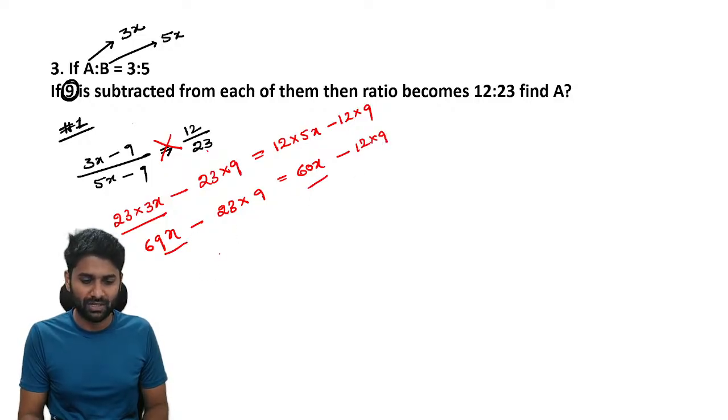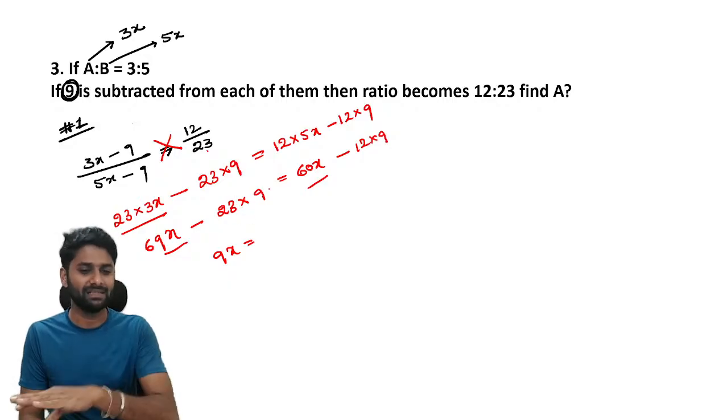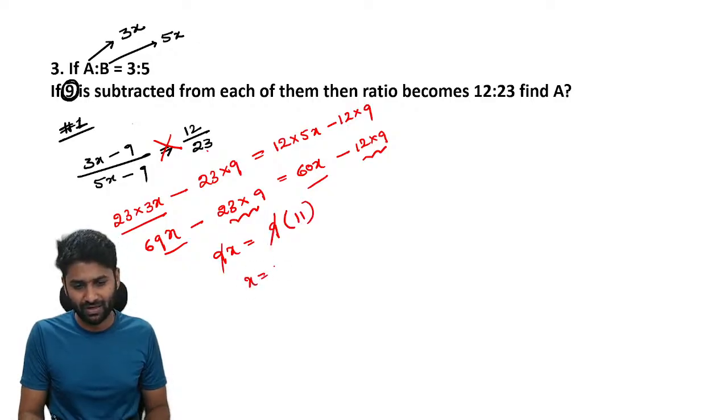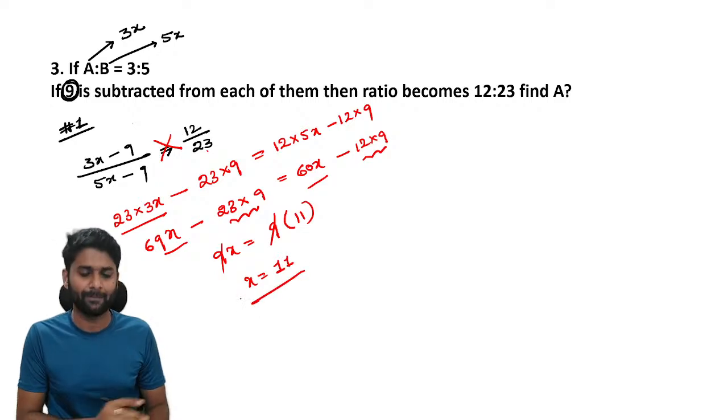Now if you take the difference, 9x is equal to, taking 23 into 9 to the other side, 9 is common in these two calculations, so directly you can take 9. The difference between 23 and 12 is 11. 9, 9 cancel, then you will get x is equal to 11.